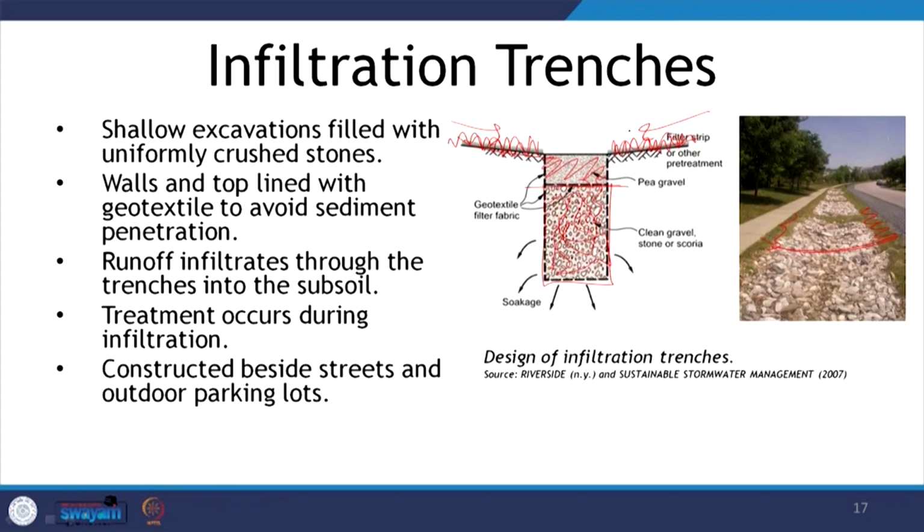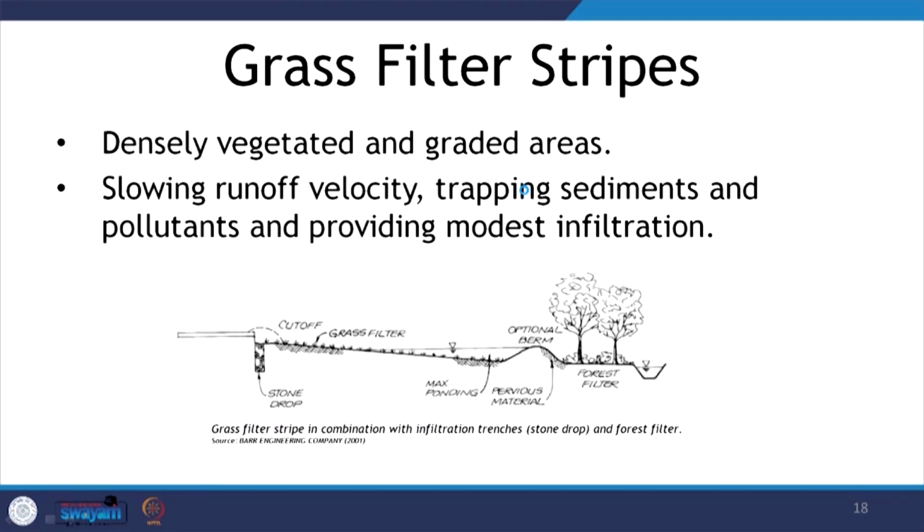Because it is shallow and a continuous trench, usually we would see it along the highways. When the water from the highway reaches this trench, it will be held here, retained, and allowed to percolate down to the ground, because this media is loosely packed gravel, and it will allow a lot of permeability, a lot of percolation. This is what an infiltration trench does.